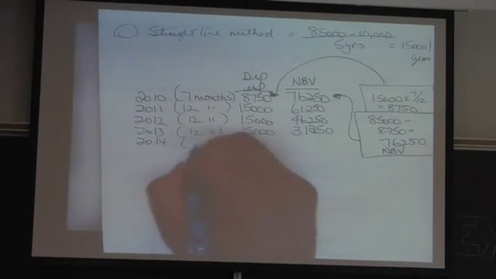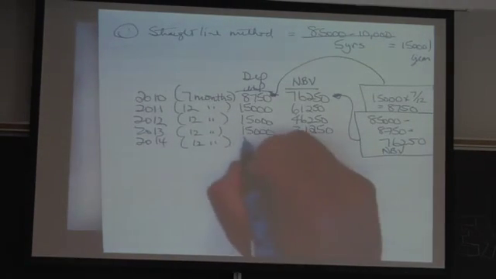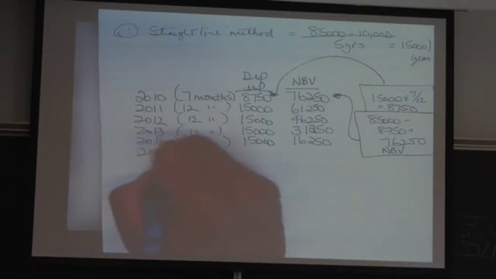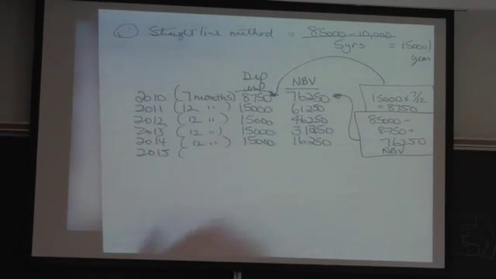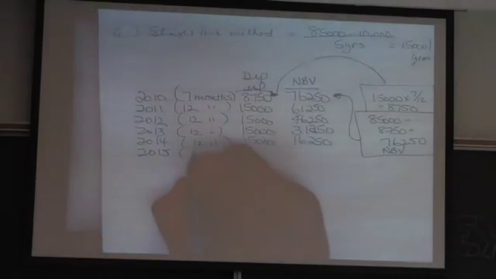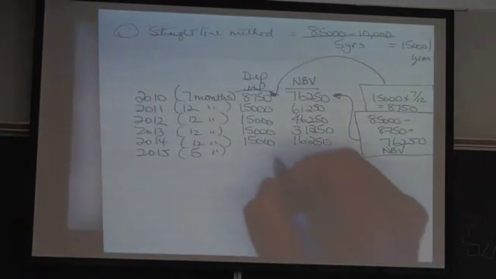2014, again another 12 months. Now 2015, how many months? Well, it's 5 years. And remember, we bought it on June 1st, so there's only 5 months of amortization.